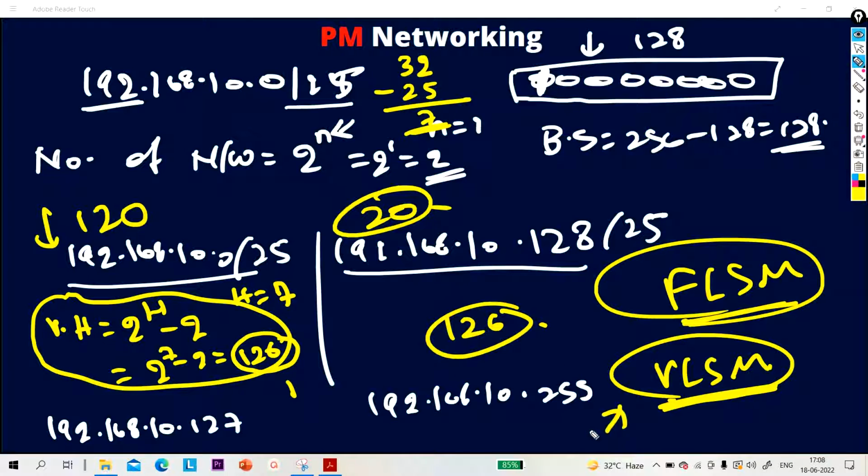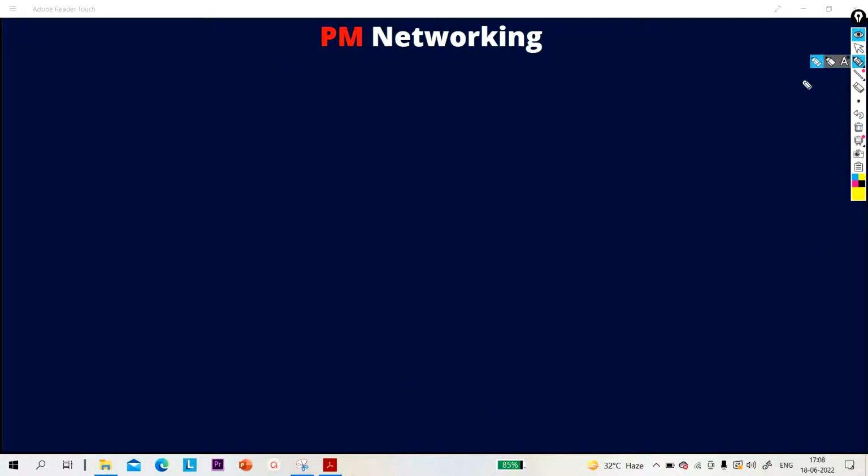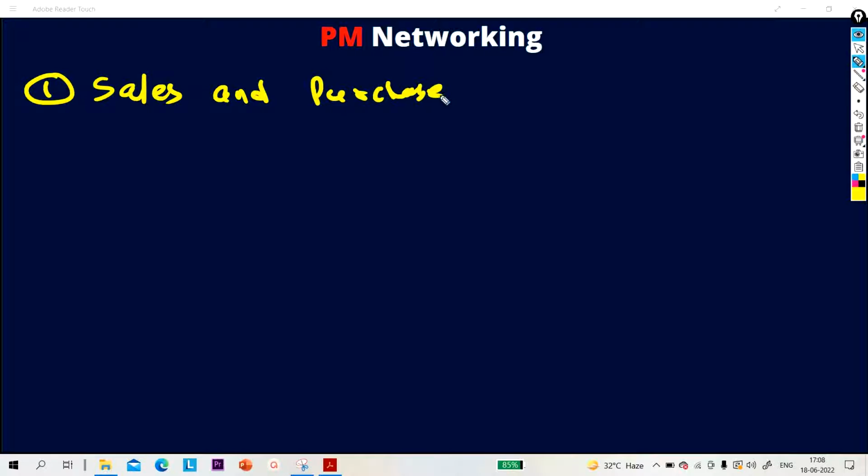Let me take one example so that it will make things more clear. Suppose in an organization, in a company, there are 4 departments. How many departments are there? There are 4 departments. Suppose my first department is the sales and purchase department.